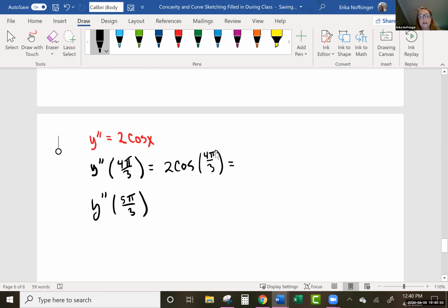Okay, so that's pi thirds, which is 60 degrees. Cosine 60 degrees is 1/2, but it's in the third quadrant, so it's negative. So this is 2 times negative 1/2, which is negative 1. This is less than 0. And so this tells me that 4 pi thirds is a max. So x equals 4 pi thirds, a max occurs.